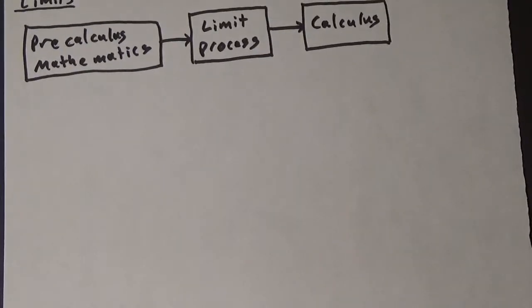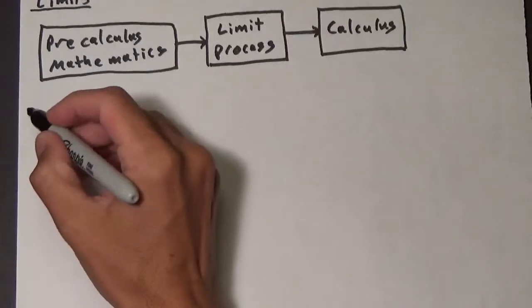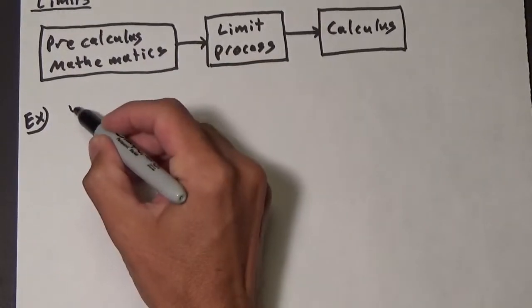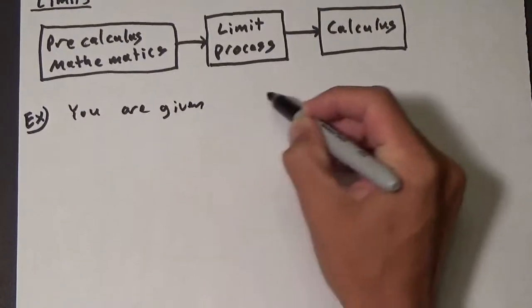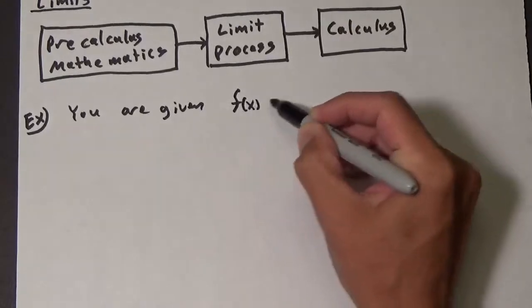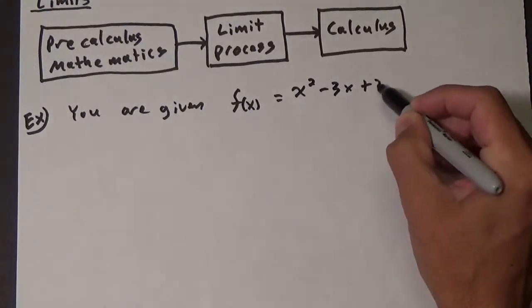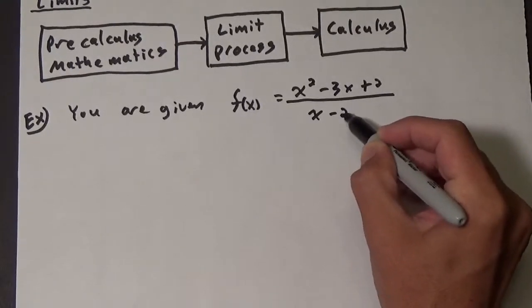The best way to get an understanding of limits is to go through an example. And we're going to take our time through this example. So you are given f of x equals x squared minus 3x plus 2, all over x minus 2.